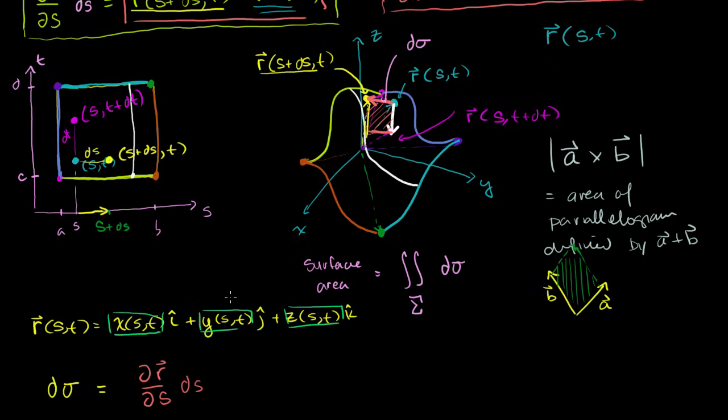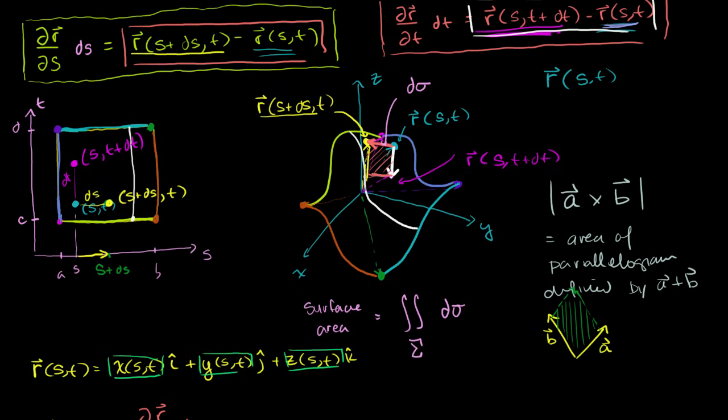ds. And d sigma is going to be the magnitude of the cross product, not just the cross product. The cross product by itself will just give you a vector. And that's going to be useful when we start doing vector valued surface integrals. But just think about it this way. So this orange vector is the same thing as that. And we're going to take the cross product of that with this white vector.